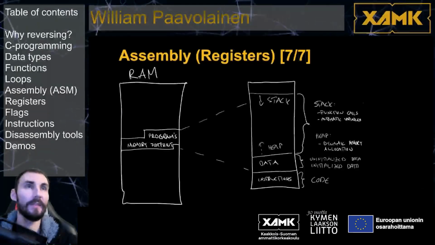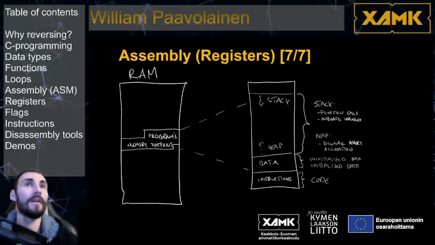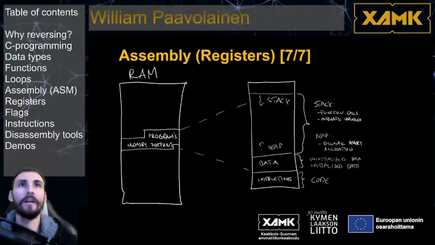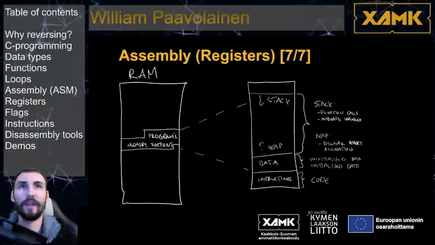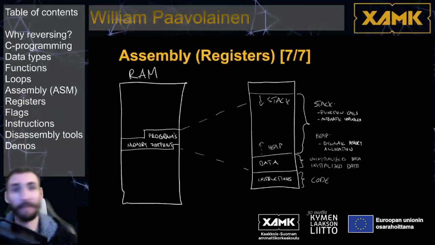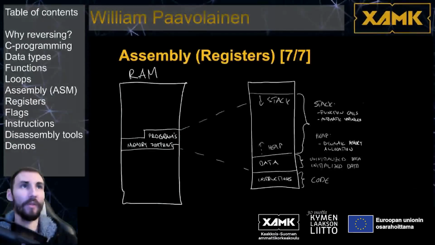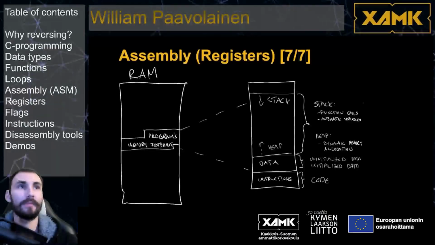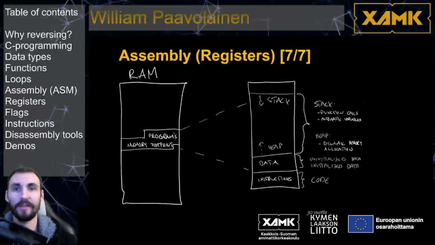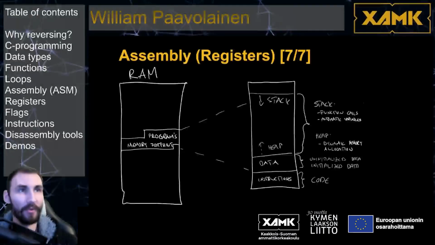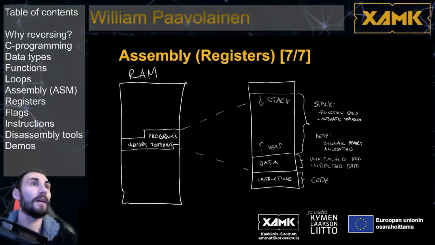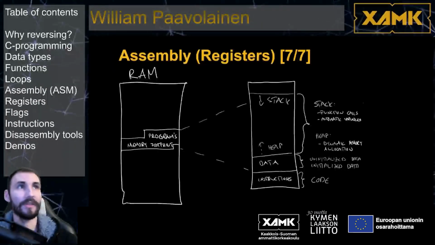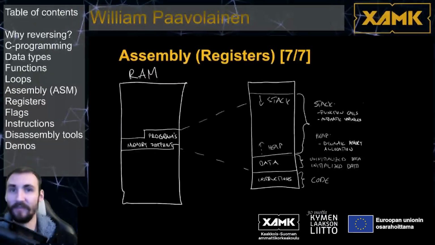And here is the image. So let's say we run our program. Some of our RAM, random access memory, gets used by our program, and it contains our stack, heap, the data section and the text section or code. On the stack, we actually store our function calls and some automatic variables.